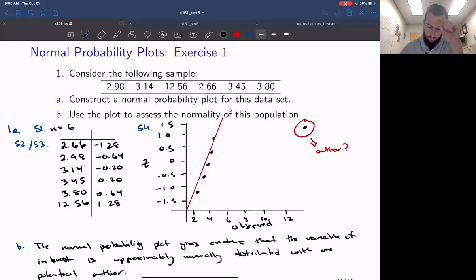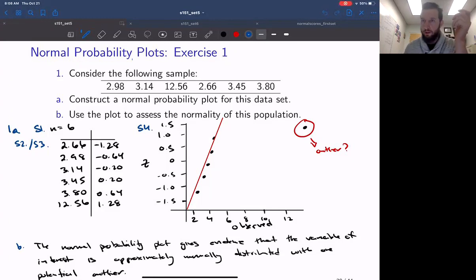Okay. This particular example is a tricky one because there are actually 2 arguments that you could make. I've said that this is normal with an outlying point because the majority of the observations fall along the straight line. So we have 5 out of the 6 values falling along that straight red line.